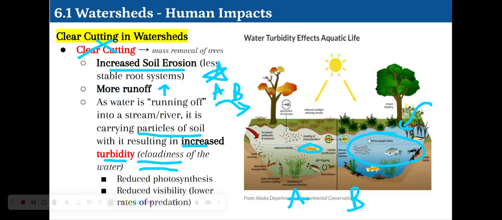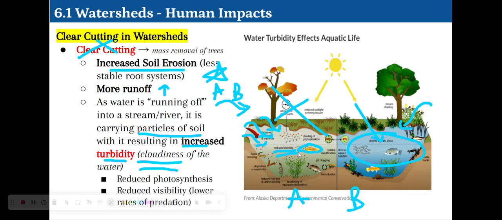This allows life to see their prey and to find mates. It allows the sunlight to penetrate, that way we have photosynthesis. But over here on this side, we have less vegetation, meaning that there's more runoff, meaning that we have increased sediments and nutrients entering the water.